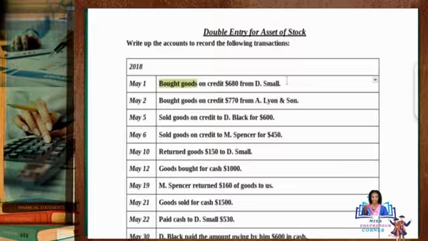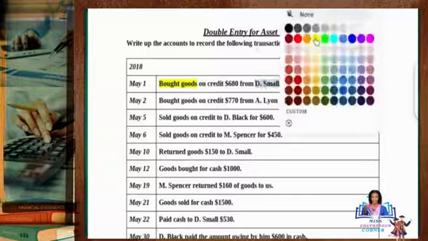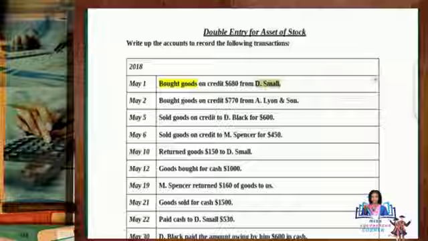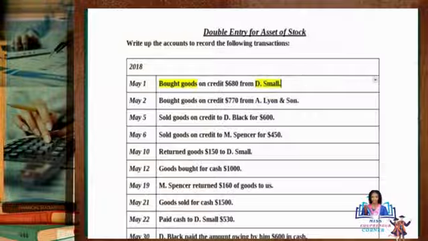All transactions must be looked at from the business point of view. So it is the business who bought goods on credit from D Small. So D Small would be a supplier or a creditor to the business. The purchases account is always debited to show an increase in inventory.